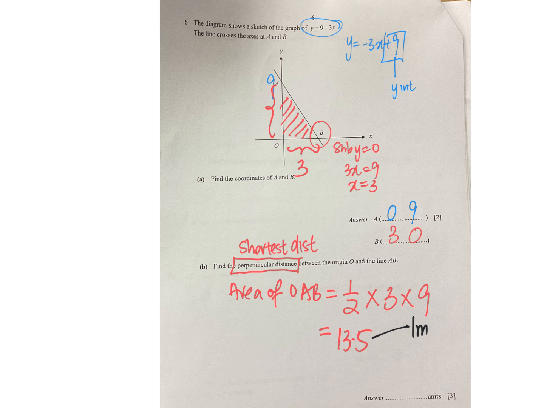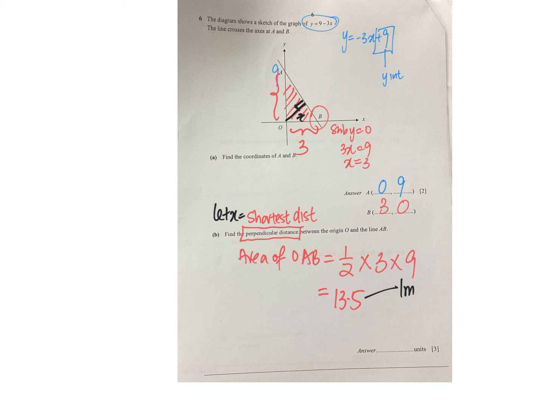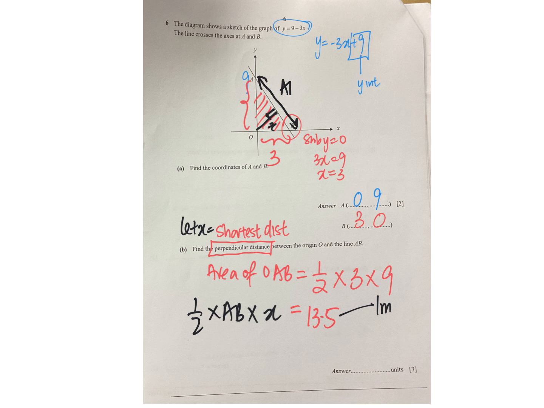The other mark, this is what I want to find. Let x be the shortest distance. So I can use half times AB times x. AB is like 9.4. So how to find AB? You use Pythagoras theorem.